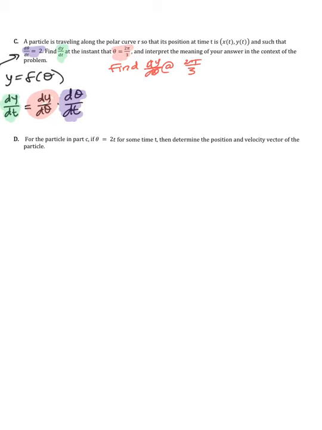Okay, well, y is going to be equal to r times sine of theta. And this is still a part of this big problem, right? So I'm going to rewrite, since we can't see it right now. We know that r of theta, this is still the same problem, this is our r of theta.